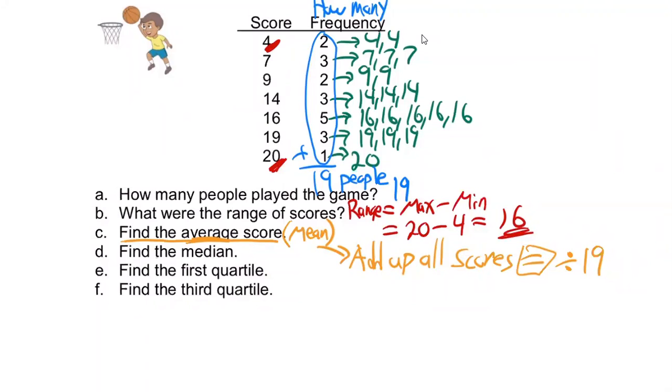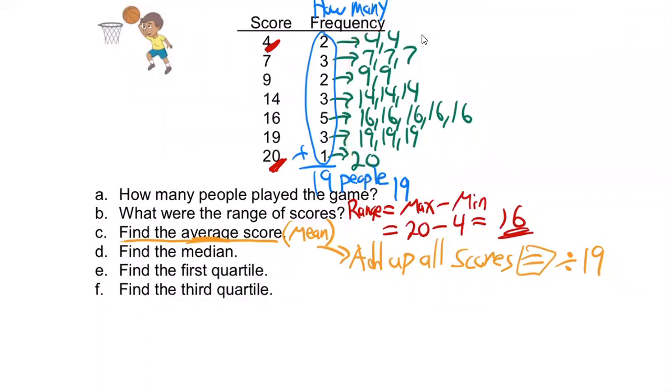That's how we always do an average. Like if you have 3 test scores and you want to know your average in the class, you would add them up and divide by 3, right? So that's how we figure out an average. So I need to add up all these numbers up here and divide by 19.